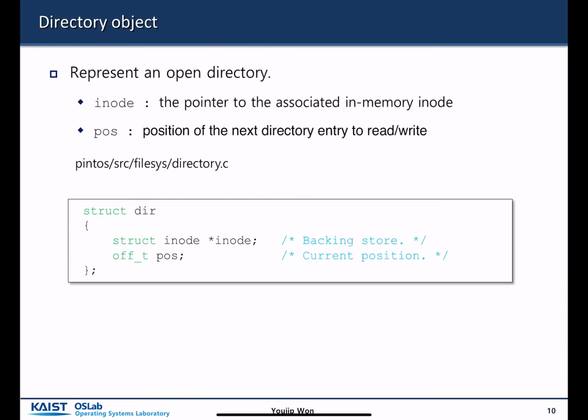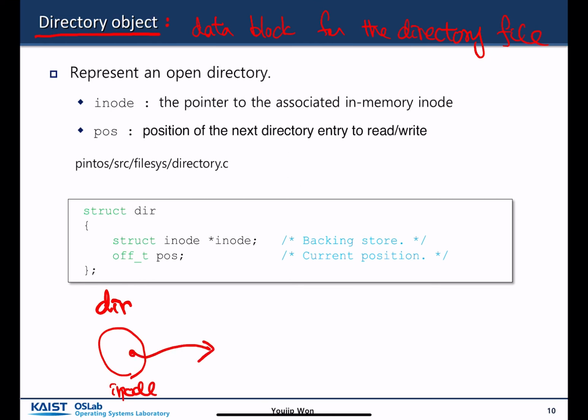Okay, and this is the data structure of a directory object. A directory object is the format of the data block for the directory file. So a directory file has its own inode, and the inode contains a pointer to the start address of the data block and its size.